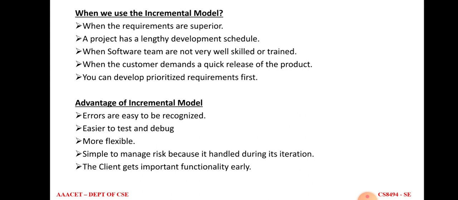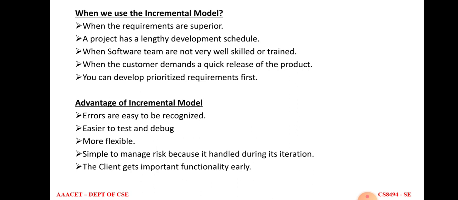We can develop the model by giving priority to the requirements first. For example, if the customer gives 5 requirements, first of all the software analyst or engineer gives priority to those 5 requirements.